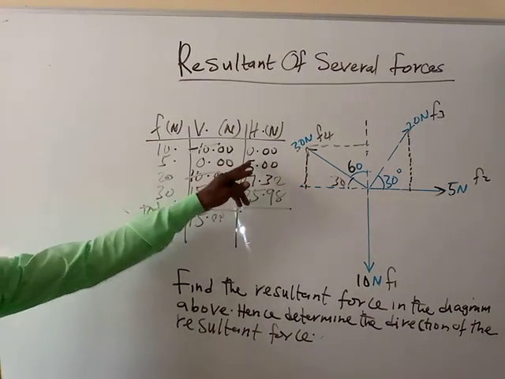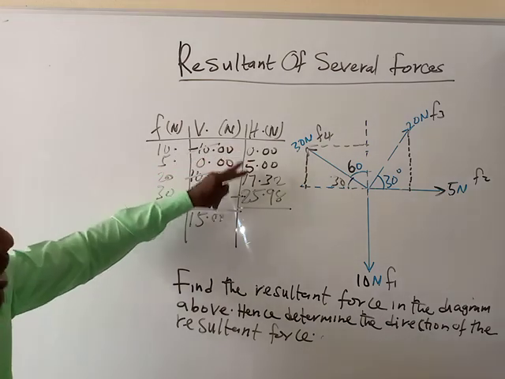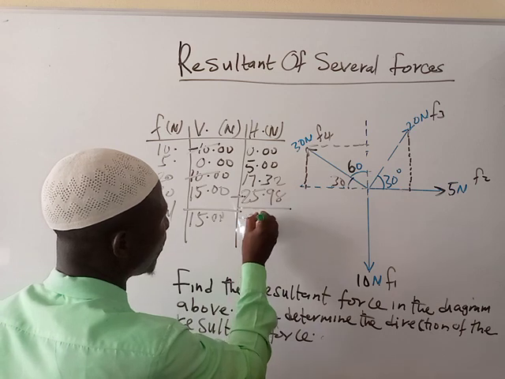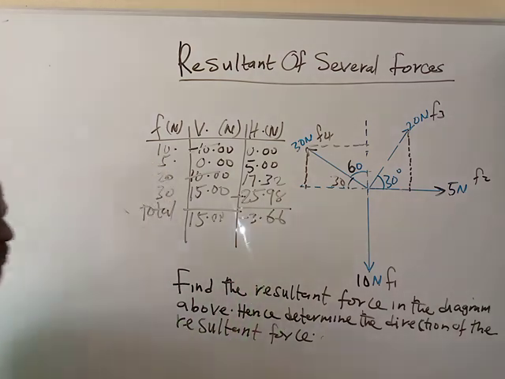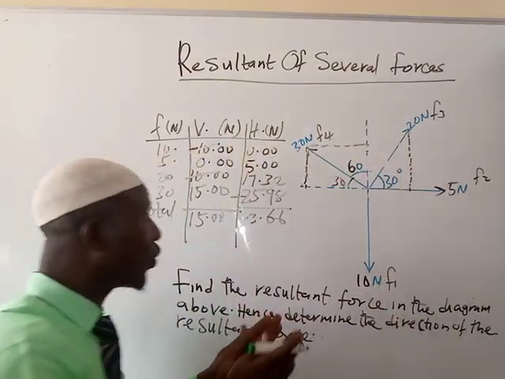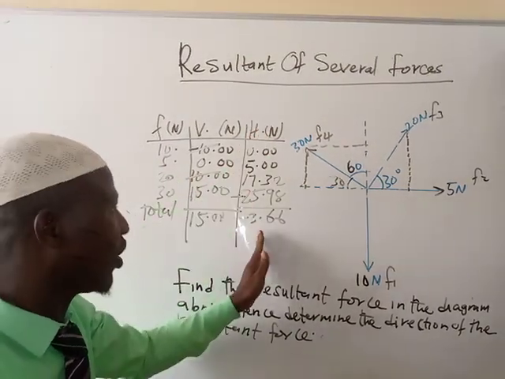So by the time you add this and this first, it will give you 22.32. Then you take it away from this, so it will now give you minus 3.66. That's all. So after this, it means we have resolved the four forces into only two: one for vertical and the other one for horizontal.